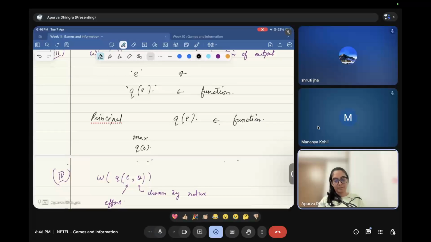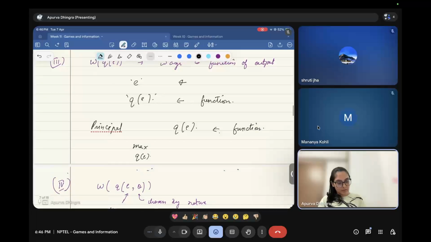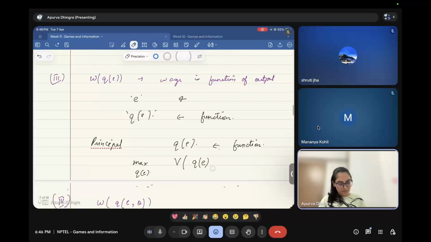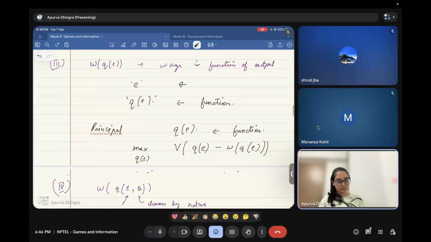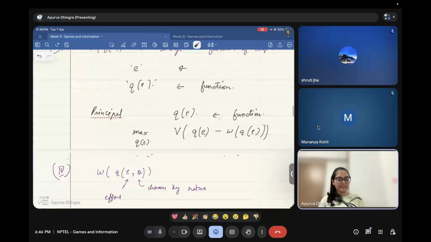Keeping the salesman example in mind, he'd just be trying to increase the number of clients he gets from this agent, and his utility, which depended on this q of e by default, minus the wage of the agent. So this is what he'd ultimately be trying to optimize over. We could write it in a slightly simpler way, but it doesn't matter.